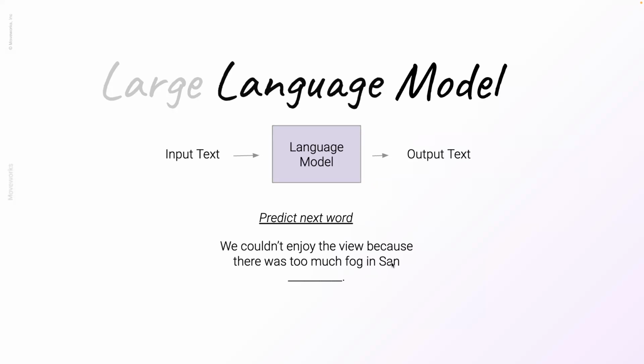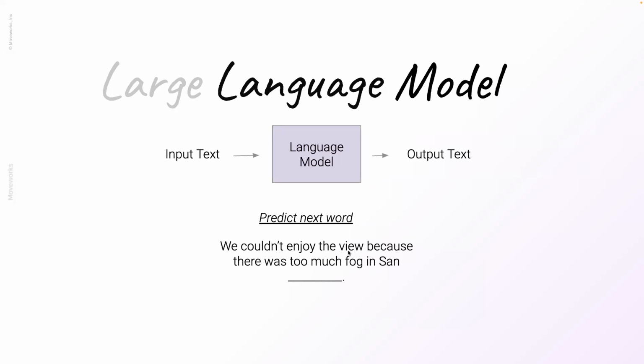This isn't deterministic because a bunch of words could go there. Someone could have made a typo and said San New York, but it's much more likely that the answer would be Francisco or Antonio or some other city that starts with San and often has a lot of fog.